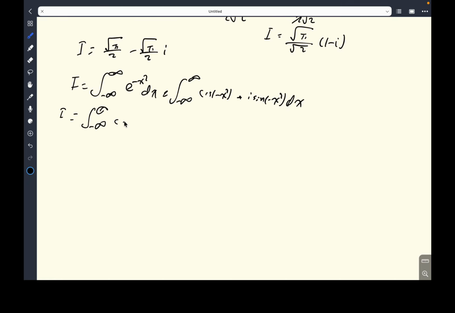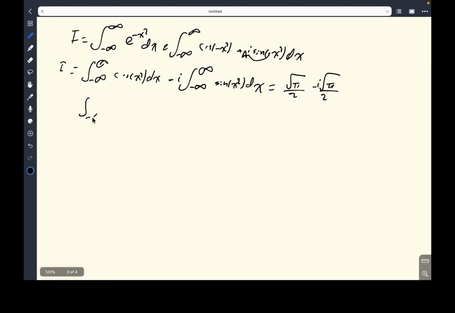It's going to be cosine of x squared dx. And the negative here is going to come out because sine is an odd function. It's going to be minus i times the integral from negative infinity to infinity of sine x squared dx. The whole thing equals root pi over 2 minus i root pi over 2. Do you see the pattern? Well, the integral from negative infinity to infinity of cosine of x squared dx matches this root pi over 2 exactly.